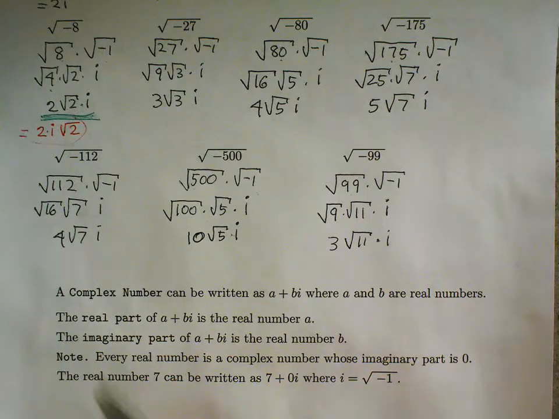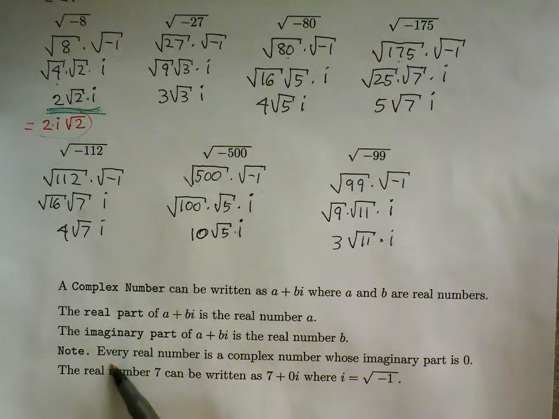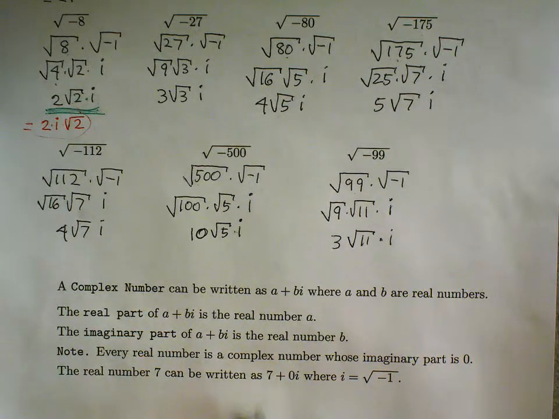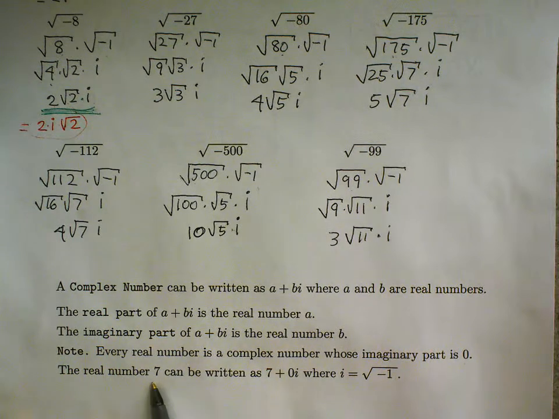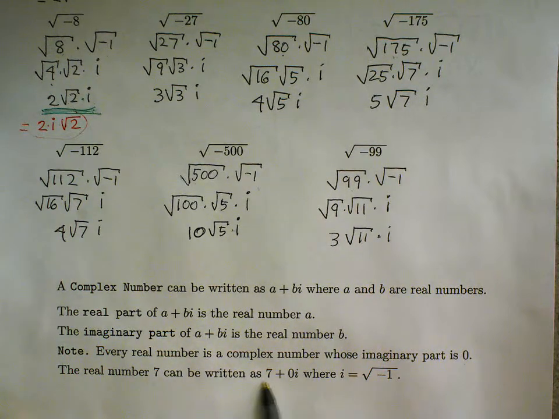And then here's a note. Every real number is a complex number whose imaginary part is 0. So for example, the real number 7 can be written as 7 plus 0 times i, where i is the square root of negative 1.